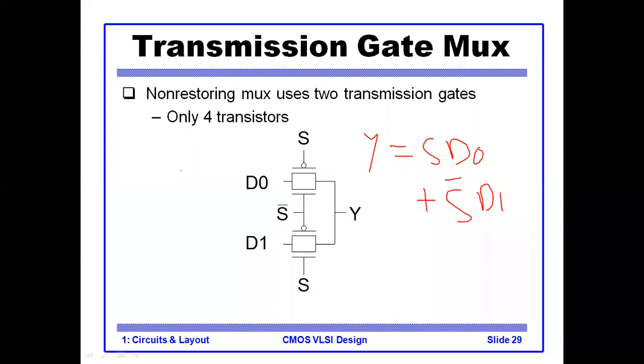When we have to implement any logic function in the case of the pass transistor, we have taken here one example for the 2-to-1 mux. In the case of pass transistors, it requires a minimum of 20 transistors to implement that Boolean expression for the 2-to-1 mux. But with the transmission gate, it requires only 4 transistors. Okay.